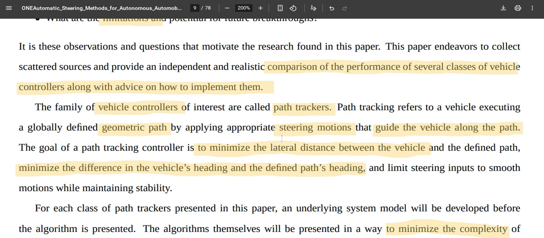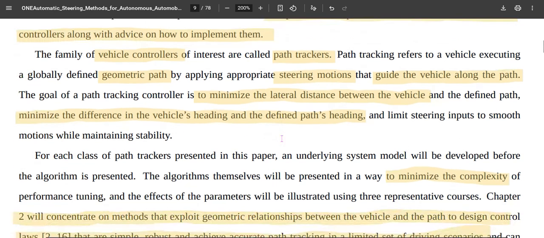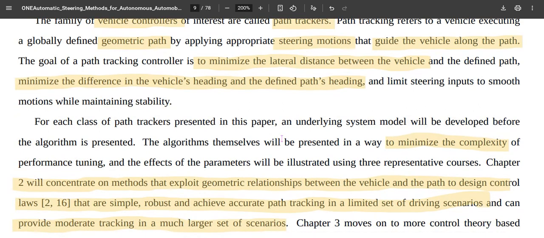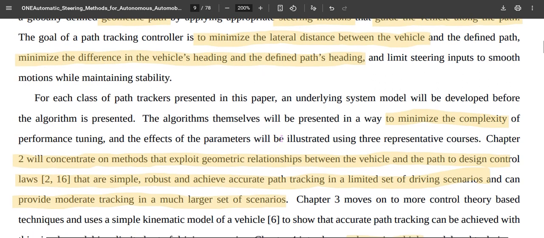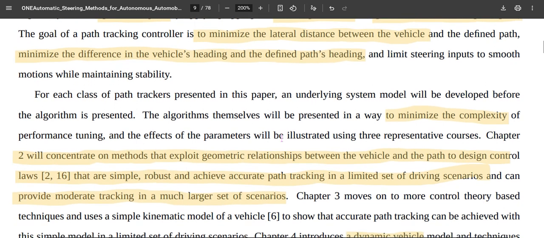One of the main goals of all these path or vehicle controllers is to minimize the lateral distance between the vehicle and the defined path, and also to minimize the difference between the vehicle heading and the defined path heading. The objective is to use methods with low complexity.